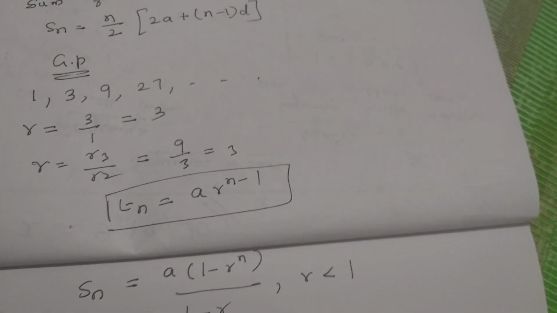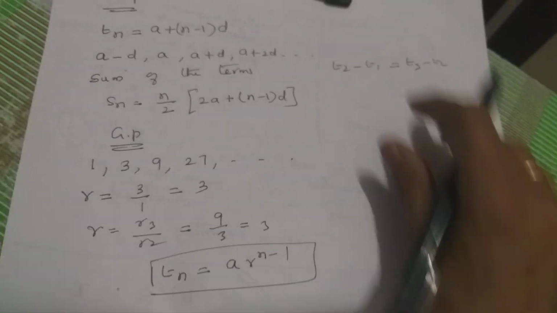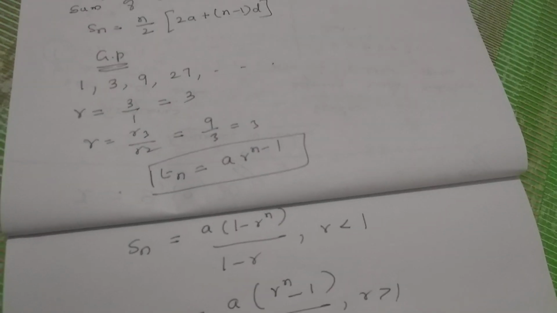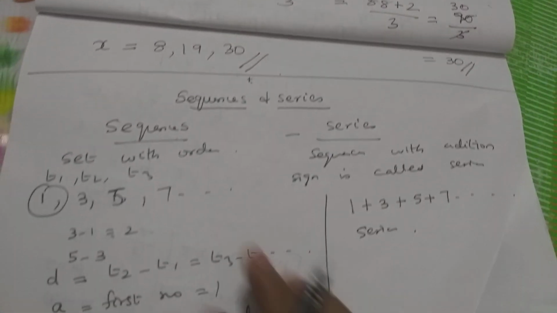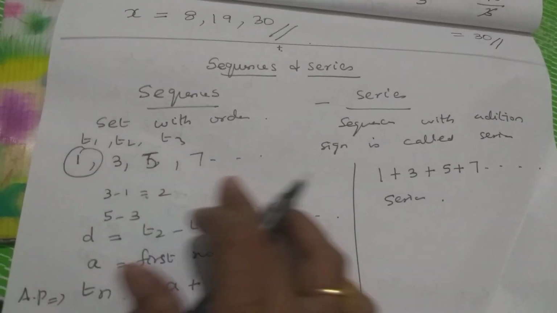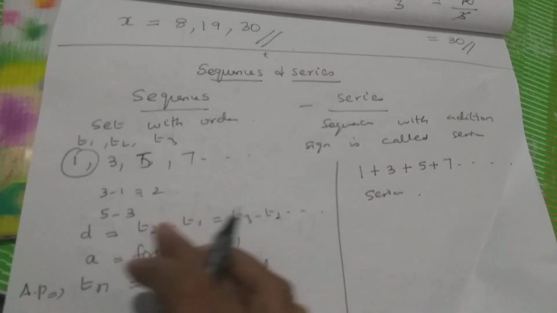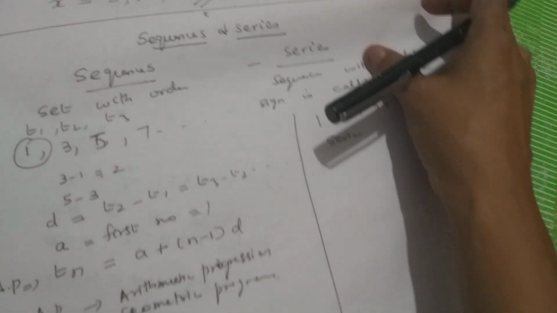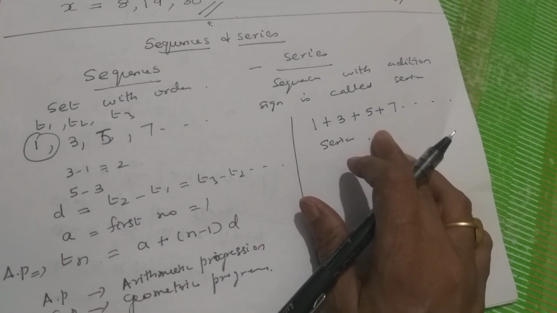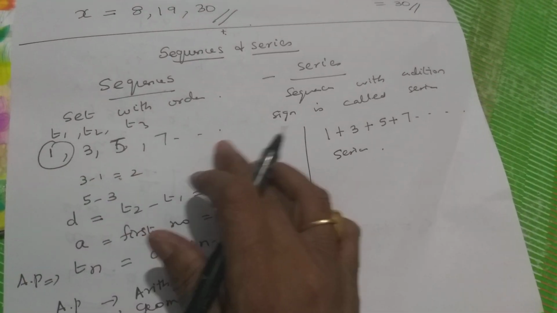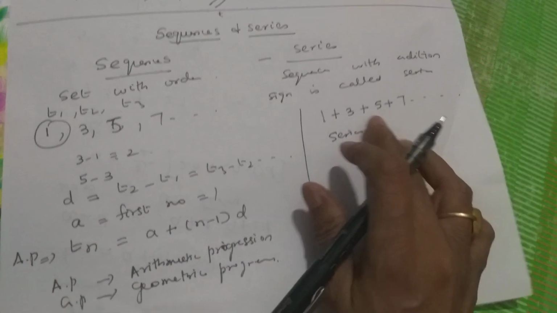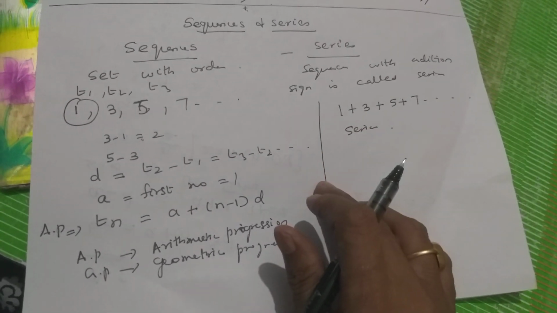So children, I hope you understand the concept of sequences and series. Sequence means if you write any numbers in order, the difference must be equal. Series means if the same sequence is written with the plus sign, the addition sign, then it is called a series.